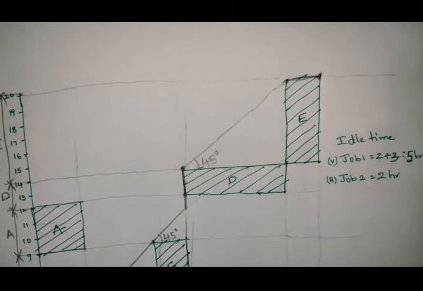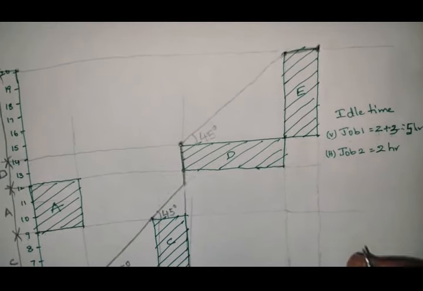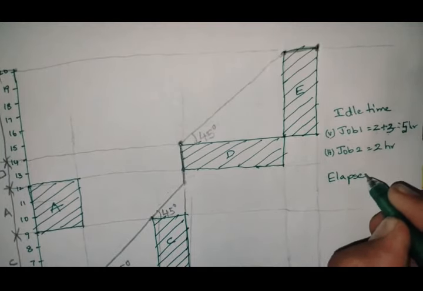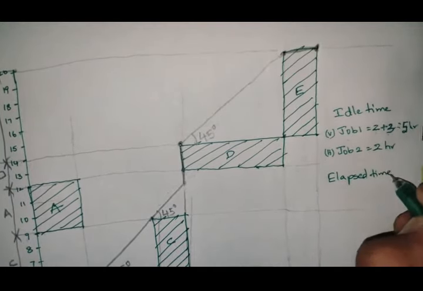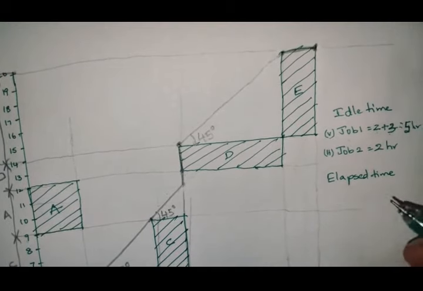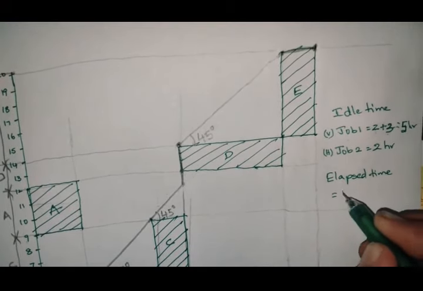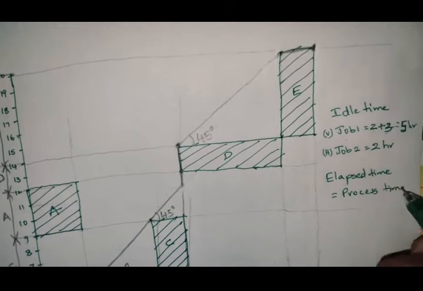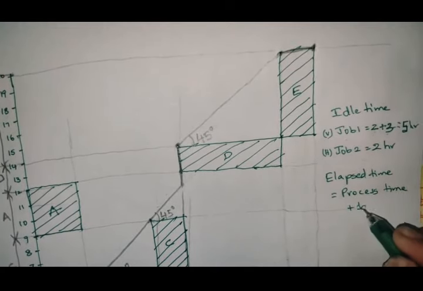Now let us find the total elapsed time for both job 1 and job 2. How to find the elapsed time? Elapsed time is equal to process time plus idle time.